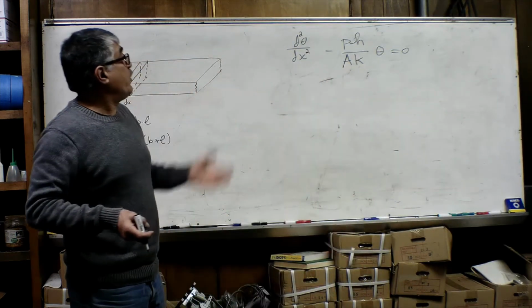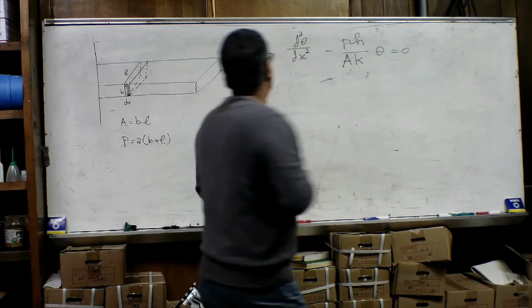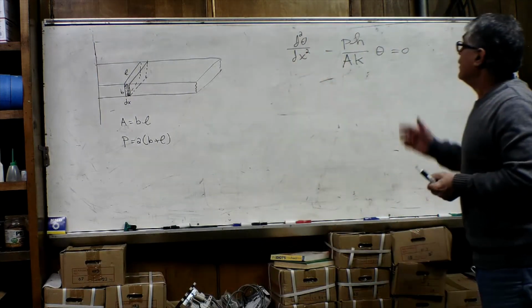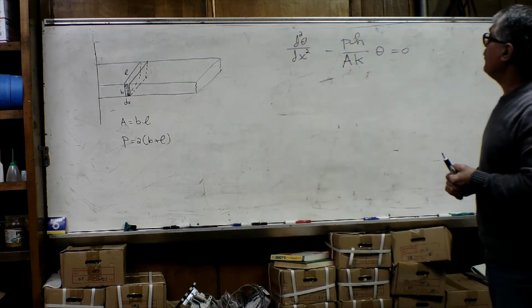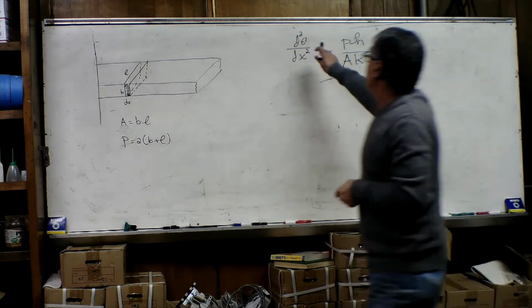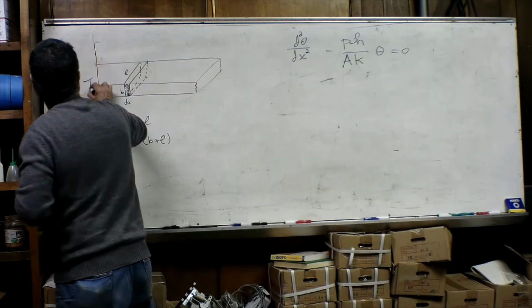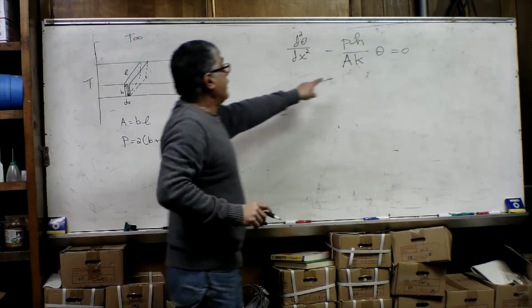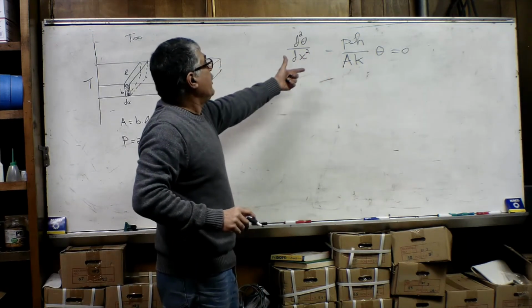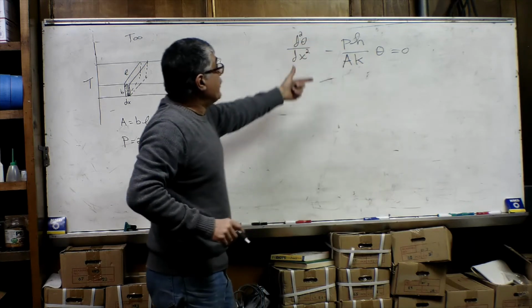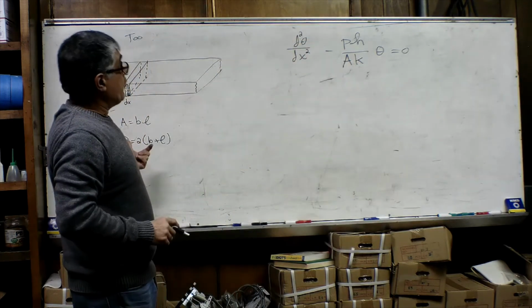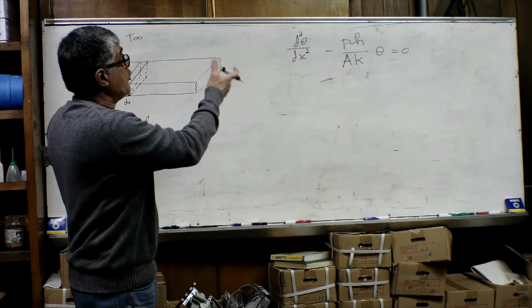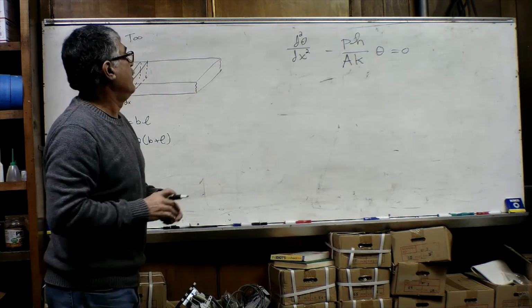Now we have a differential equation that is relationship between the temperature difference T and outside temperature T infinity, and A, the geometry, and P is the parameter, the geometry of our profile.